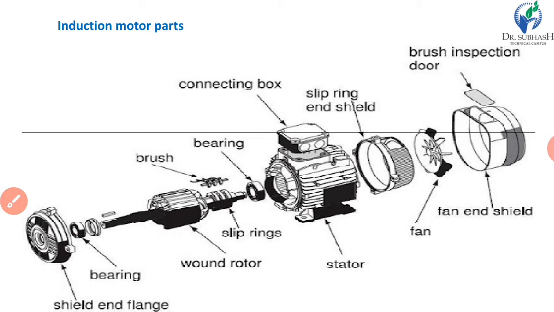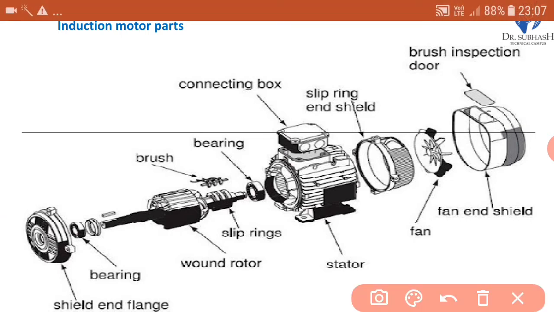Now these are the induction motor parts, or we can say components of an induction motor. Here we can see a shield and flange. It means it is a cover, one type of cover. Then we can see the bearing. Generally a ball bearing is used in an induction motor.